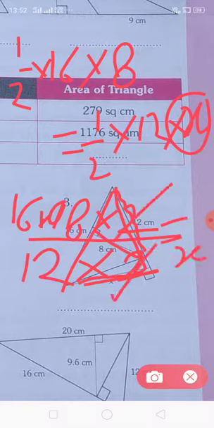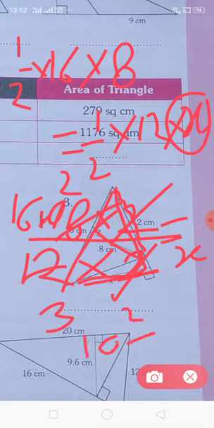So this 2 cancels. 4 2s are 8, 4 3s are 12, 16 2s are 32, 32 upon 3. You simplify, you will get 10 whole 2 by 3, your height.